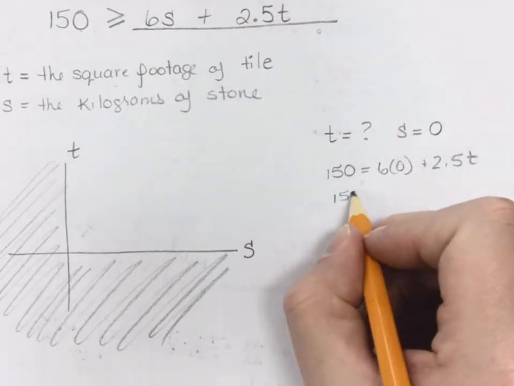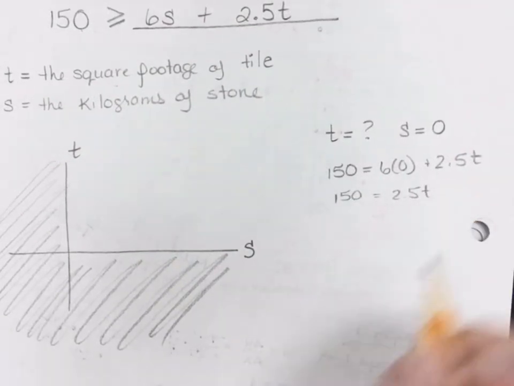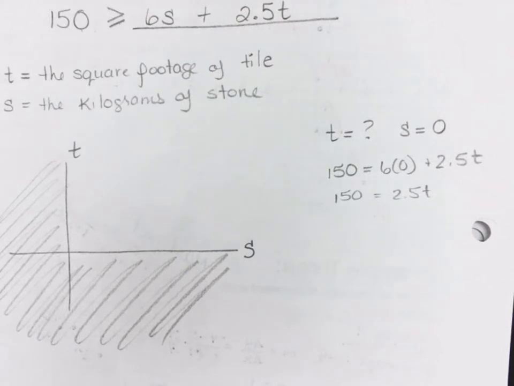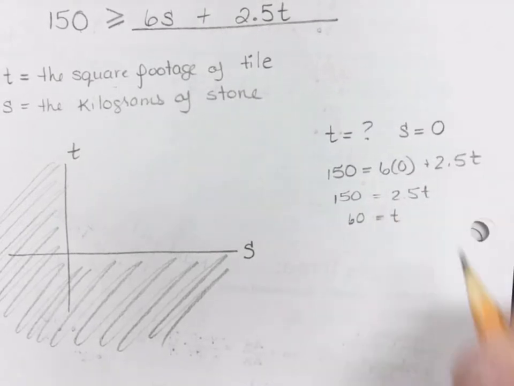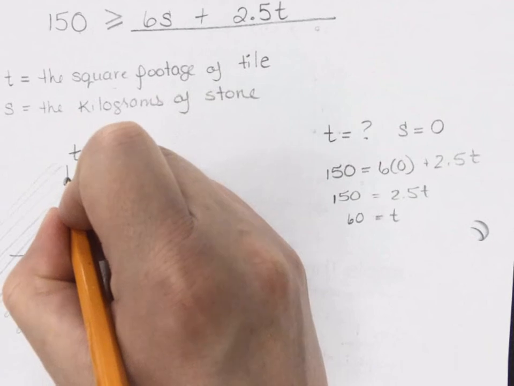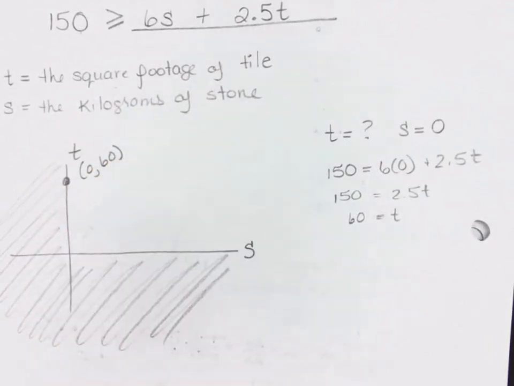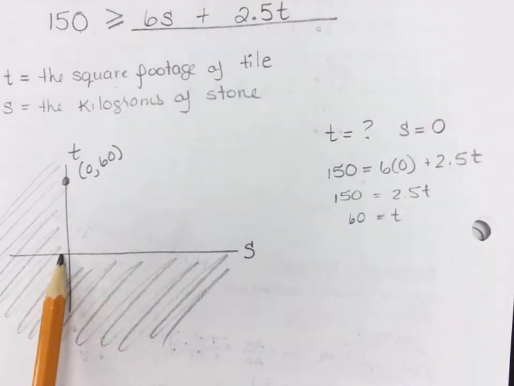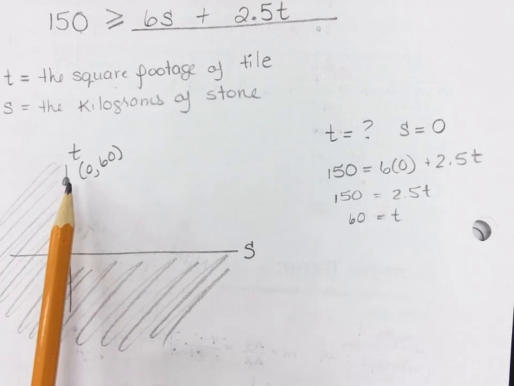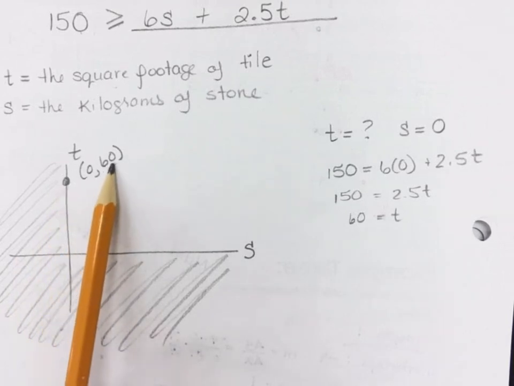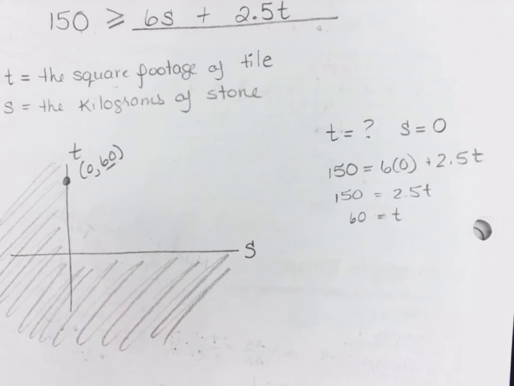So I'm going to have 150 equals 2.5t, I said 250, but it's 2.5t. So here, 150 divided by 2.5. So we know that the t-intercept is at 0 and 60. You guys would agree with me? So that means if I have no stone, how much tile can I buy? I can buy 60 square feet of tile if I have 0 stone. Make sense, everybody? Yes?